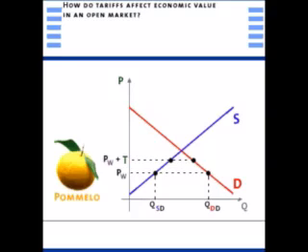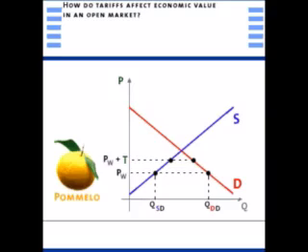The first thing that happens with the higher price is that the quantity of pomelos demanded domestically shrinks. That is, people in France now want fewer pomelos because they are willing and able to buy fewer at this higher price. They buy some kind of substitute instead, or they simply do without.